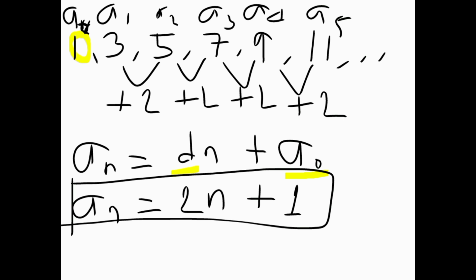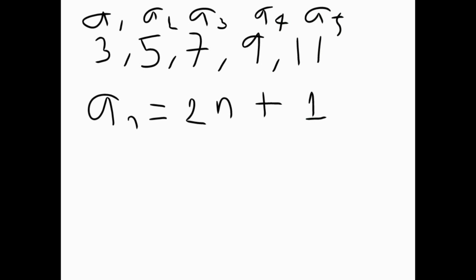Now let's check. To check this one, let's say we're going to determine the first term. We know that the first term is 3, but we're going to use this formula to see if our first term is really 3.